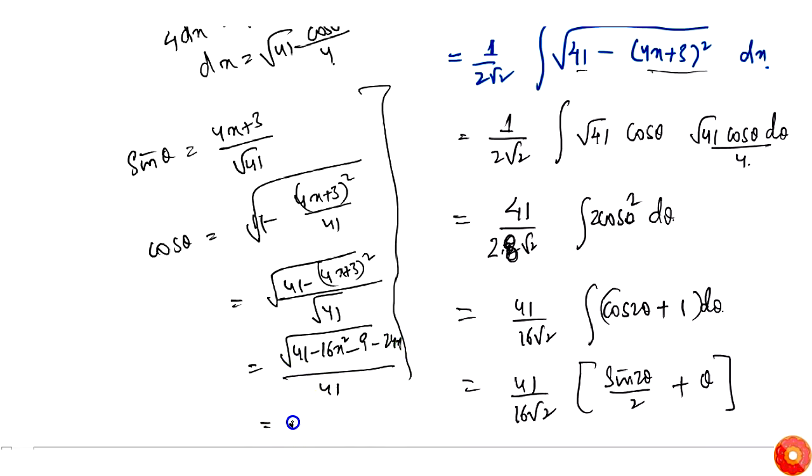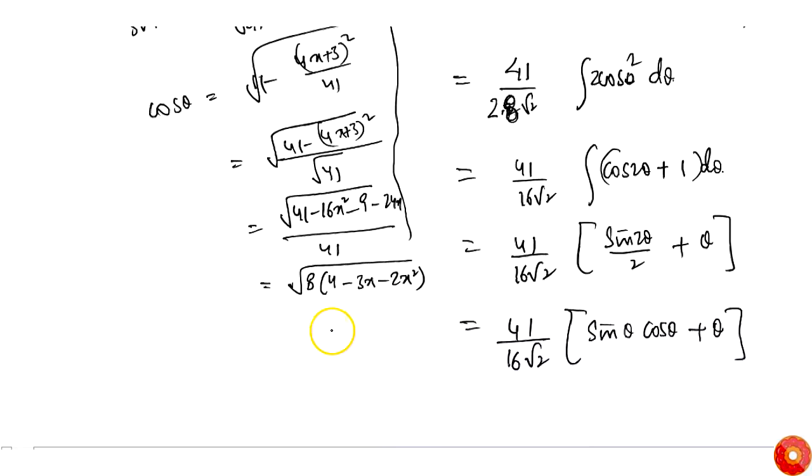So this will be equal to root of 8 if I take common, this will be 4 minus 3x minus 2x square, by root 41.